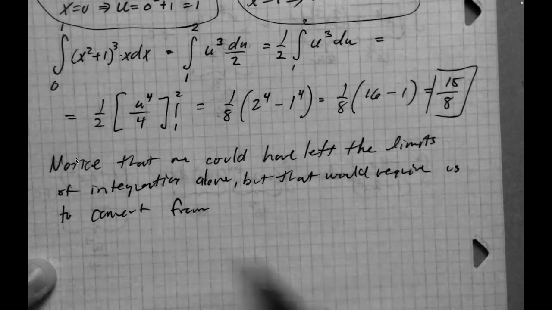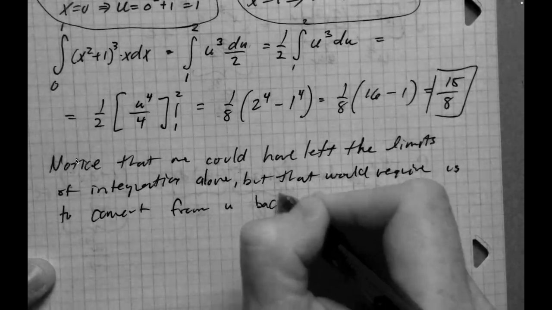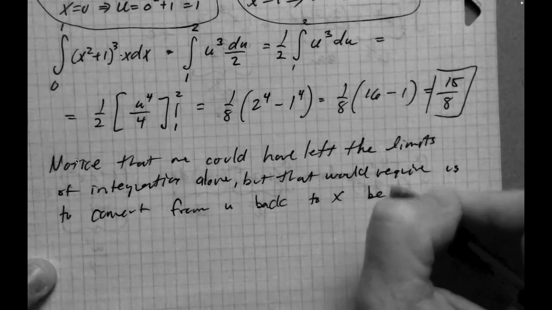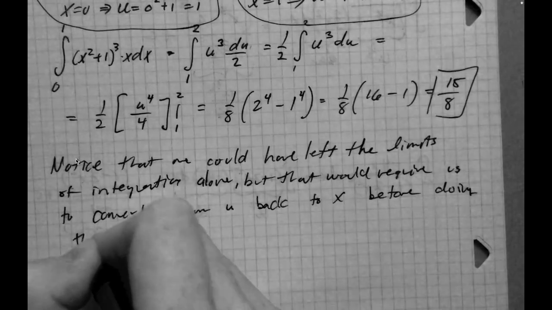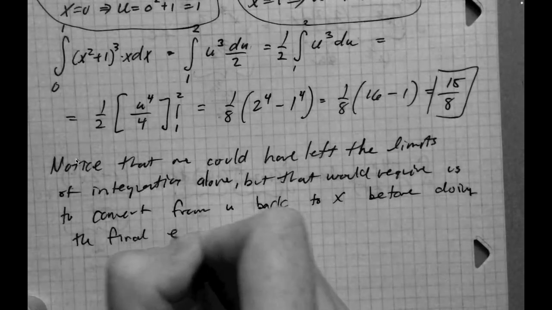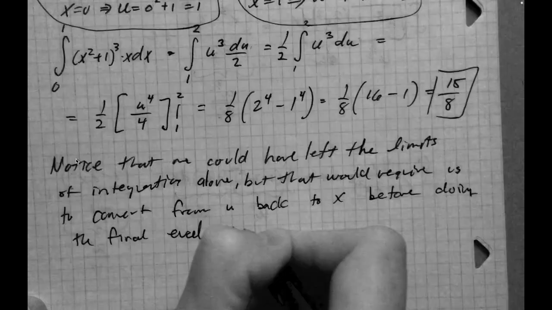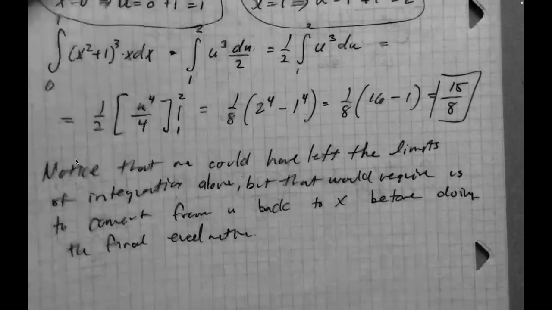Basically, it would require us to convert from u back to x before doing the final evaluation. Okay, let's do an example of that really quickly. It's a convenience to swap those limits, but it's not necessary.